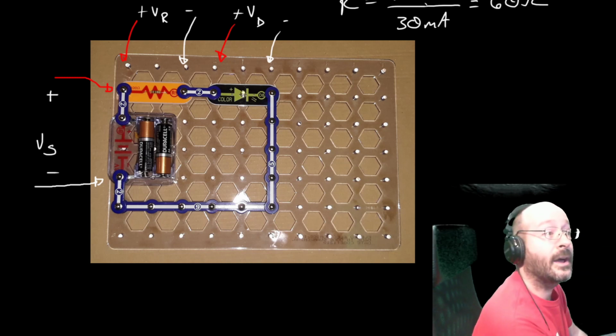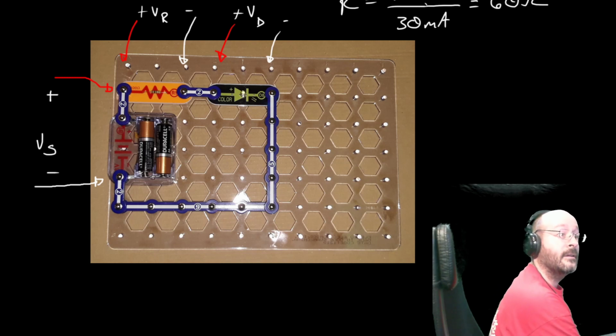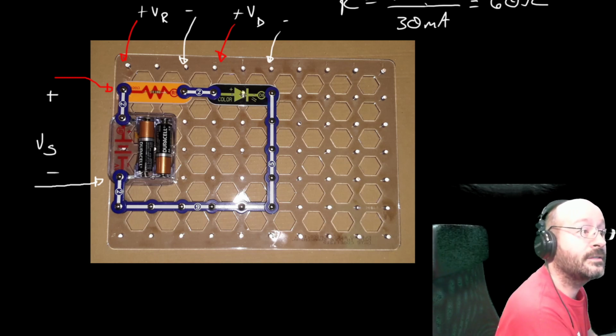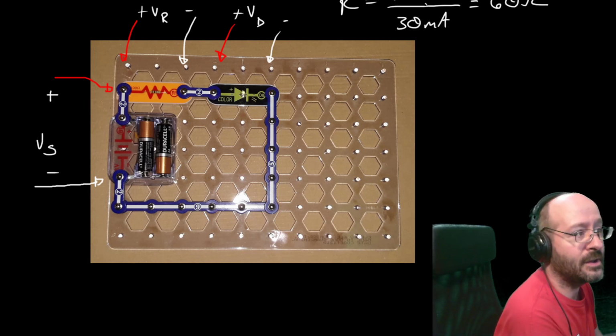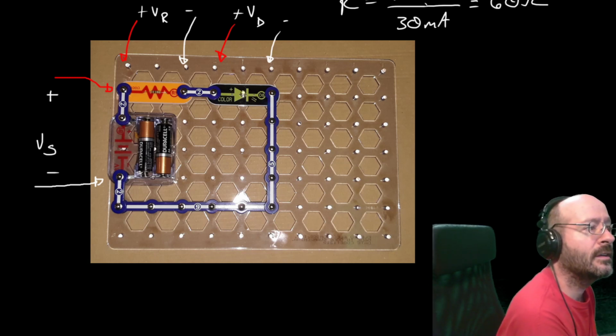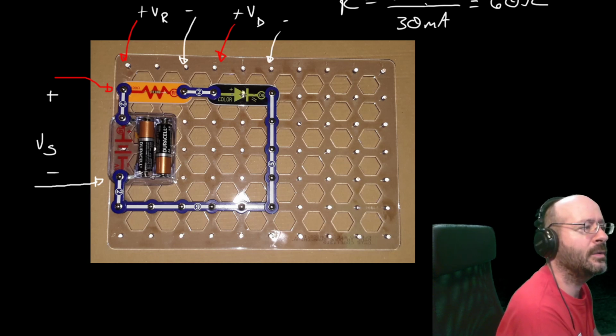What do you got? 20 volt. Okay. 2.46 VS. Yeah, batteries are a little low, but that's okay. 0.03 for VR. And between 2.2 to 2.5.